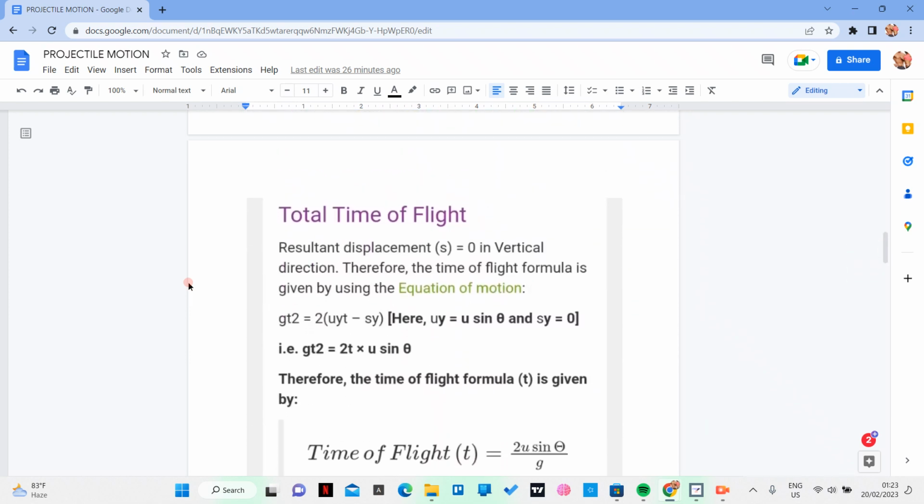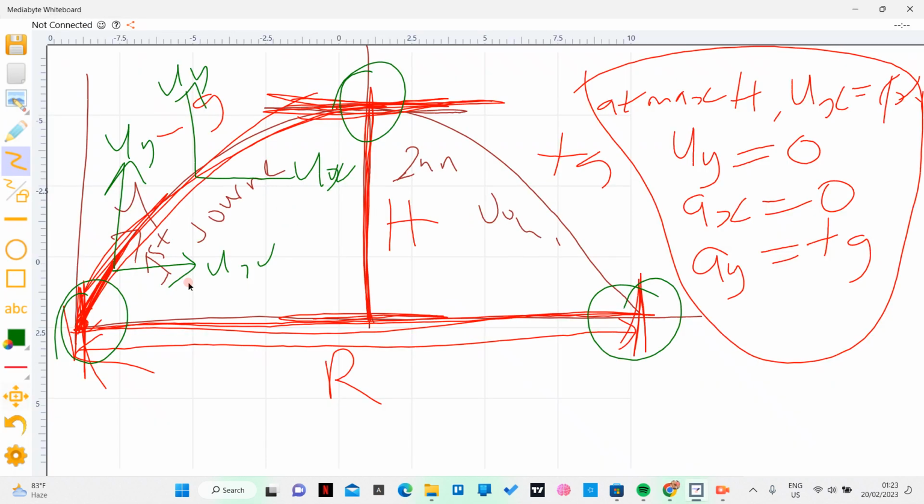So now we are moving to some of the terms that we should take note of when we are talking about projectile motion. I already mentioned some of them. We have our range, we have our height, or in this case maximum height, and then we have the time also.